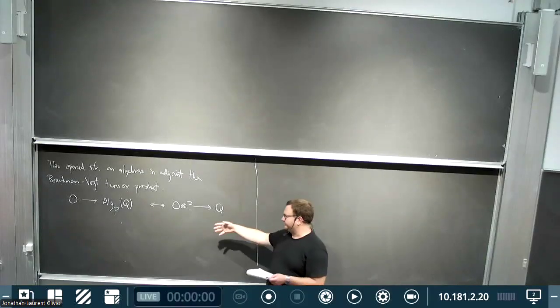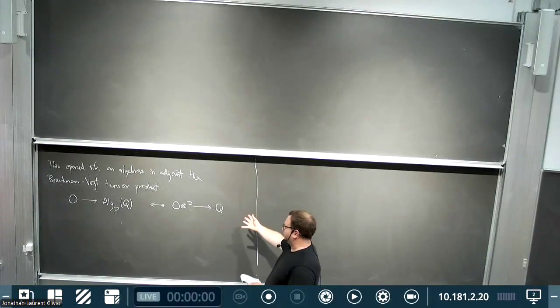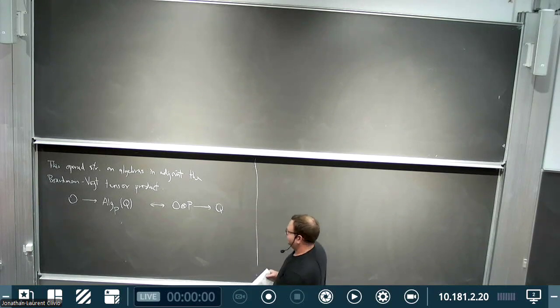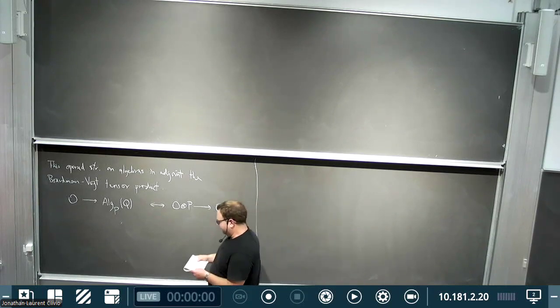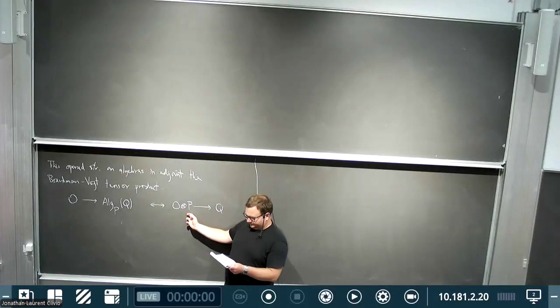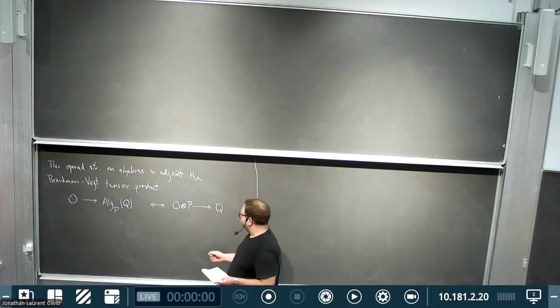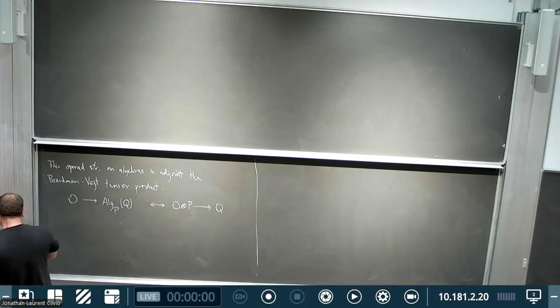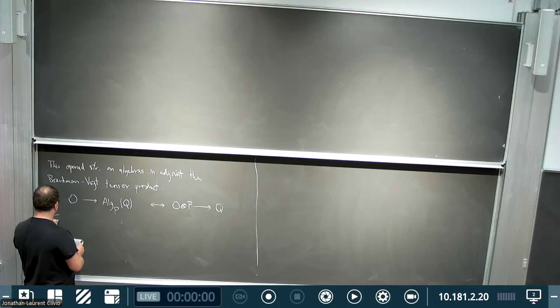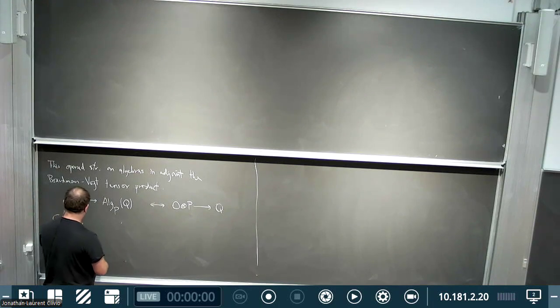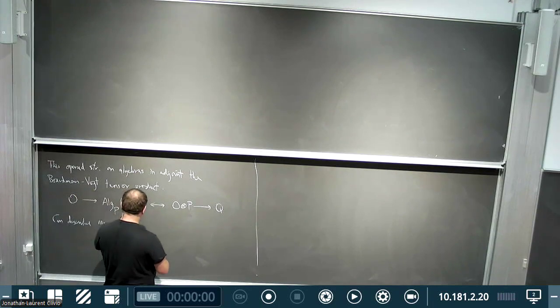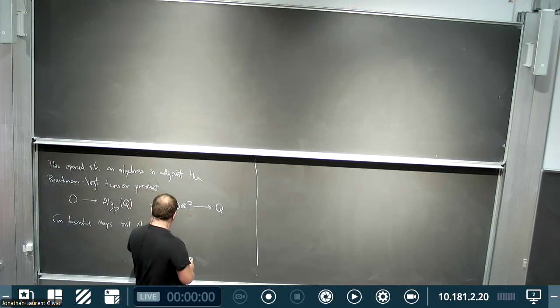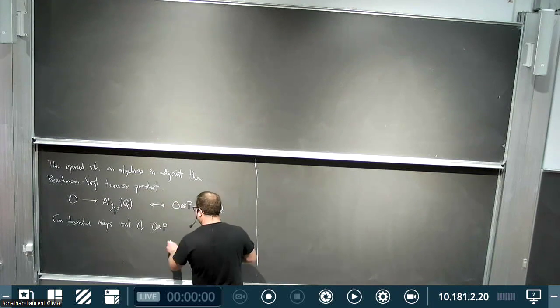So this is not something you can just write down in a very concrete way. In a sense, you can give a generators and relations construction of this, that I'm not going to talk about, but we can describe maps out of this Boardman-Vogt tensor product more concretely as labeled bifunctors.